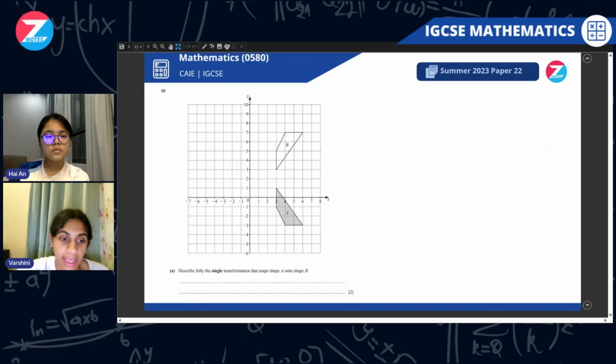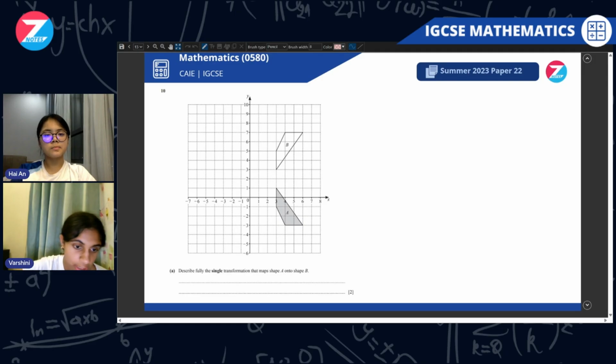Okay, question 10. So they've given us a graph with two shapes, shape B and shape A, and they look to be the exact same size. They've asked us to describe fully the single transformation that maps shape A onto shape B. So they said single, so we know there's only one transformation, and we can also see that A and B look the exact same, so it's not an enlargement or anything.